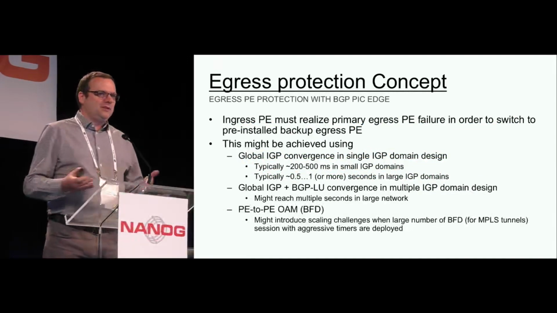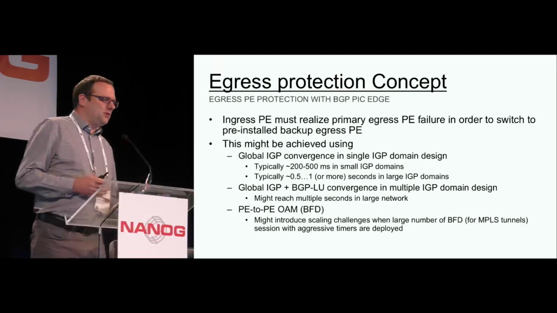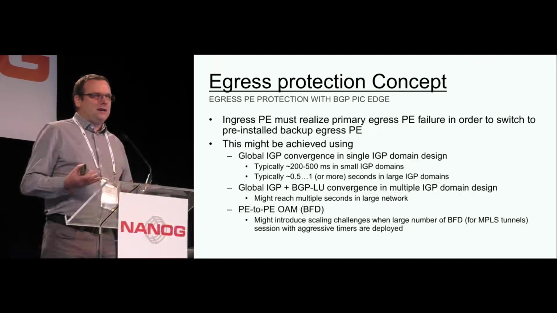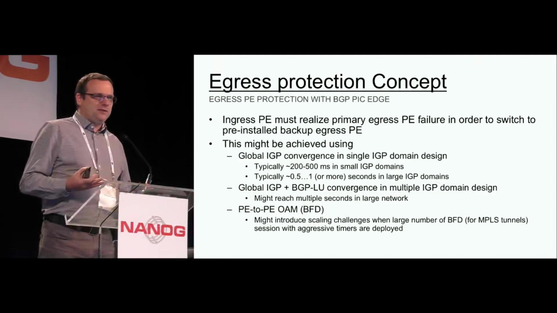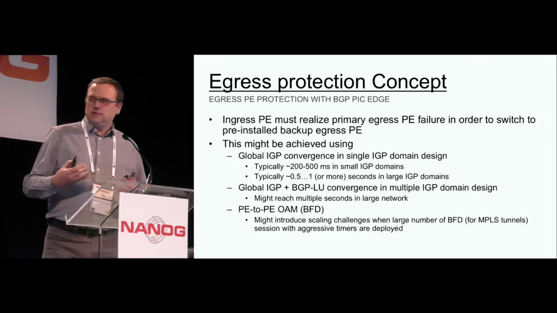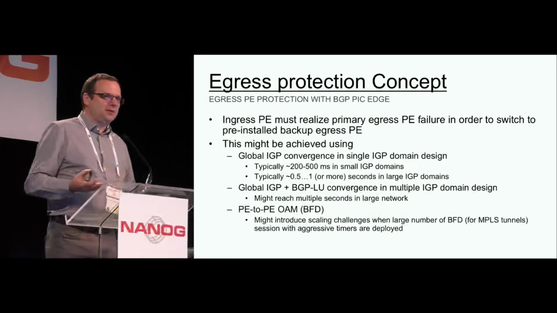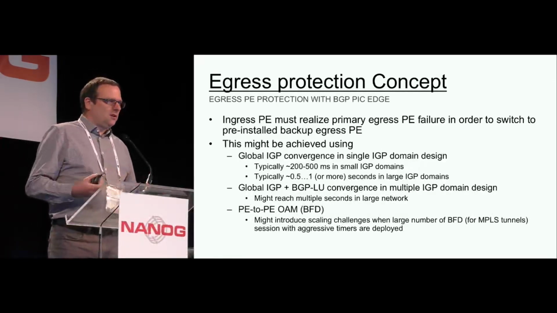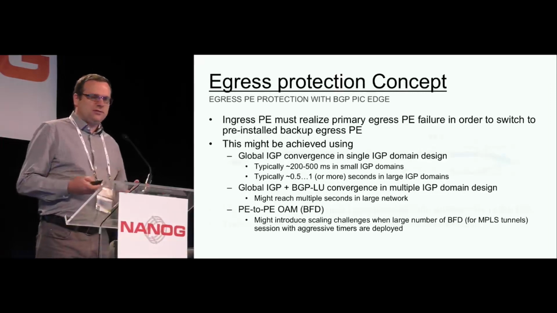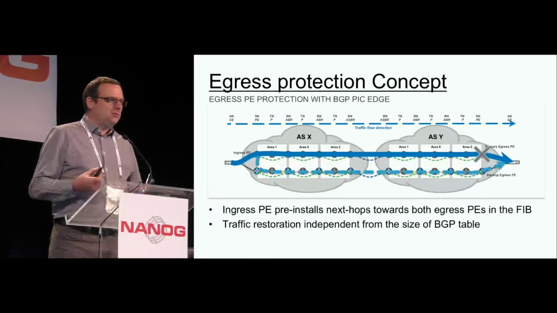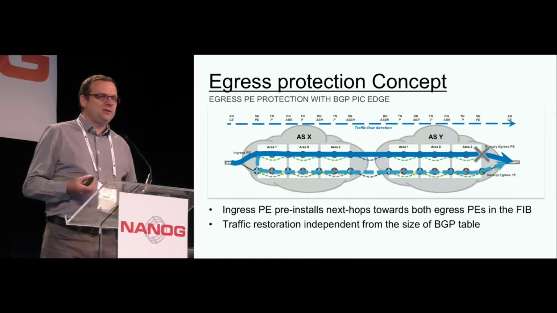This is implemented in the network. It works. The problem with BGP PIC Edge, which means prefix independent convergence, is that it's independent from the number of BGP prefixes, but not really independent from the number of IGP prefixes. Why? Because the ingress PE needs to detect that the primary egress PE failed.